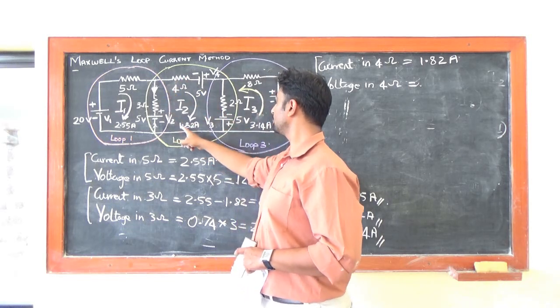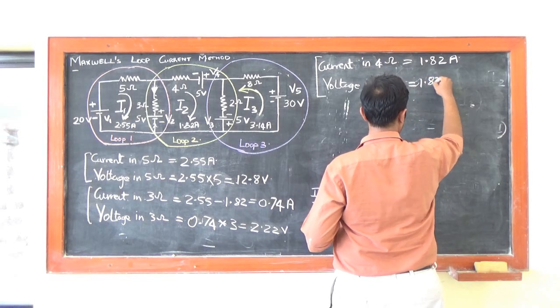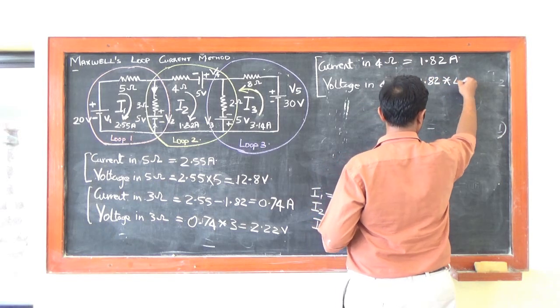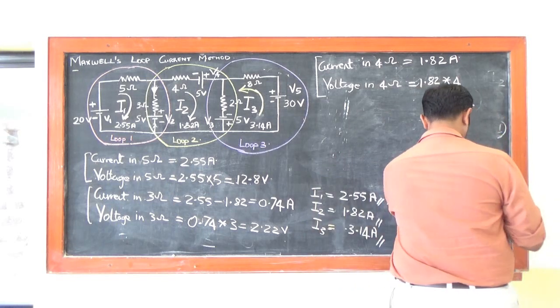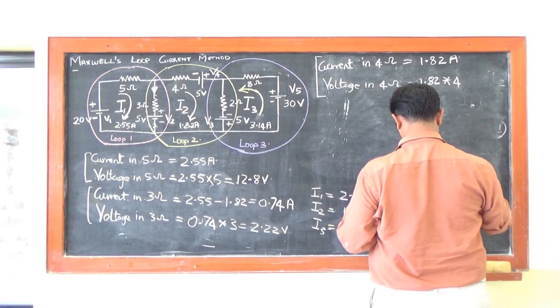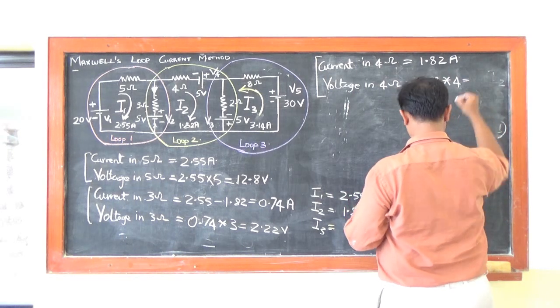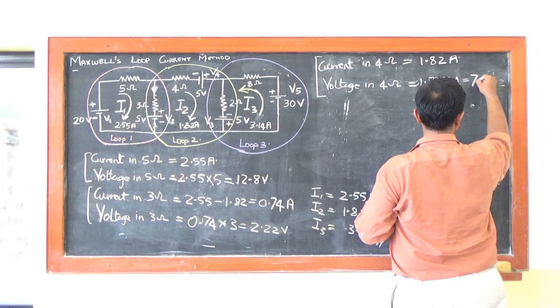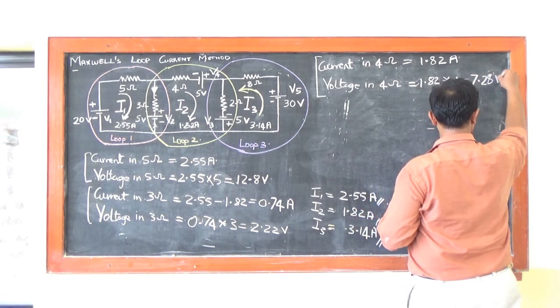So 1.82 into 4 gives us a value of 7.28 volts.